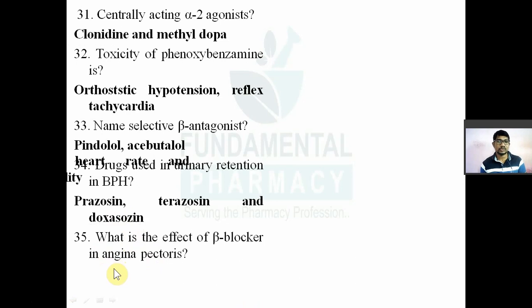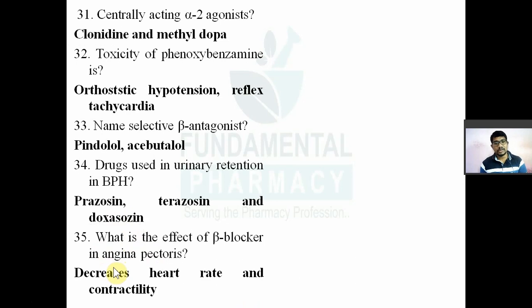Obviously, beta blockers will reduce the heart rate and myocardial contractility of your heart. So they decrease the heart rate and decrease myocardial contractility, and that's why they reduce the load on the heart. So they reduce the afterload. So these beta blockers mainly reduce the preload as well as afterload. Remember.